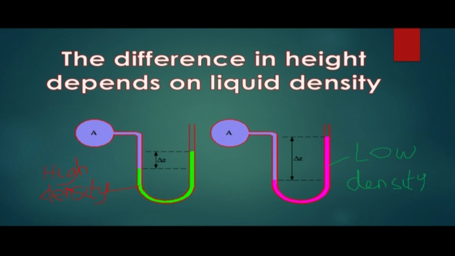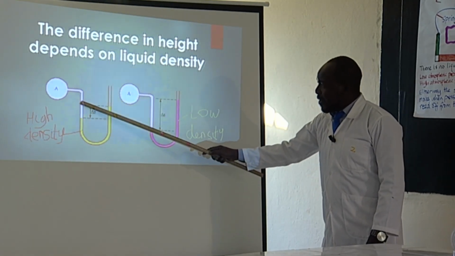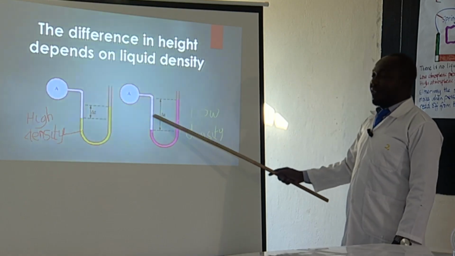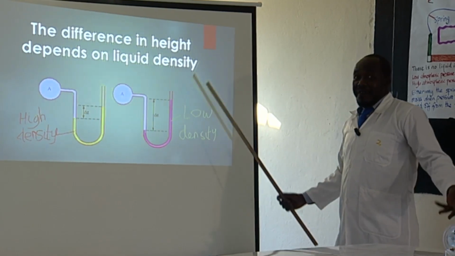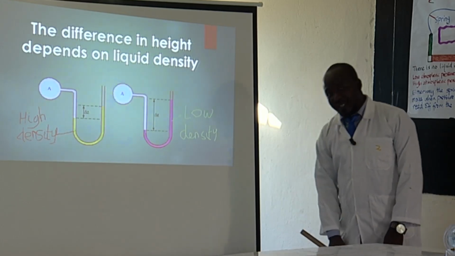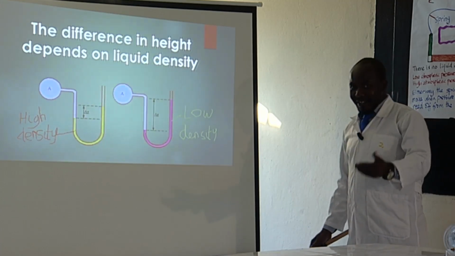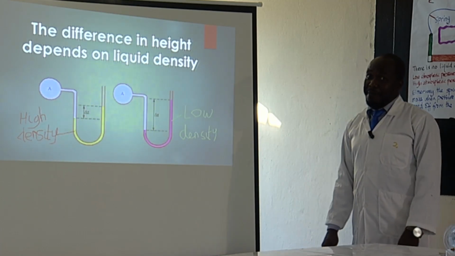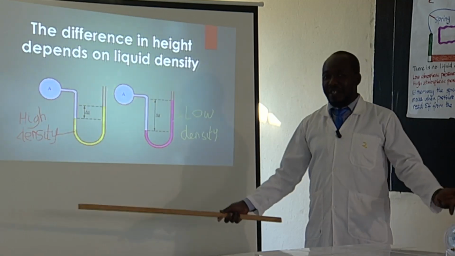Look at these two manometers. You can see the diameter of this tube is almost the same as the diameter of this tube, right? But now the liquids are different. This is a liquid with a high density, like mercury, and this is a liquid with a low density, like water. If you're measuring the same pressure, let's say gas pressure, this is gas A, and it is the same gas A, same volume, every other thing is the same, even temperature.